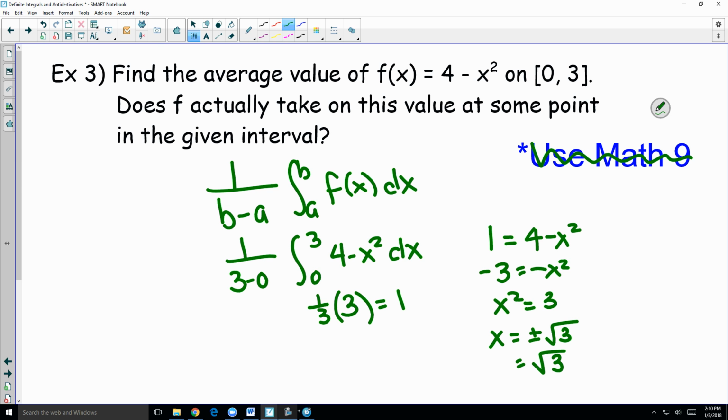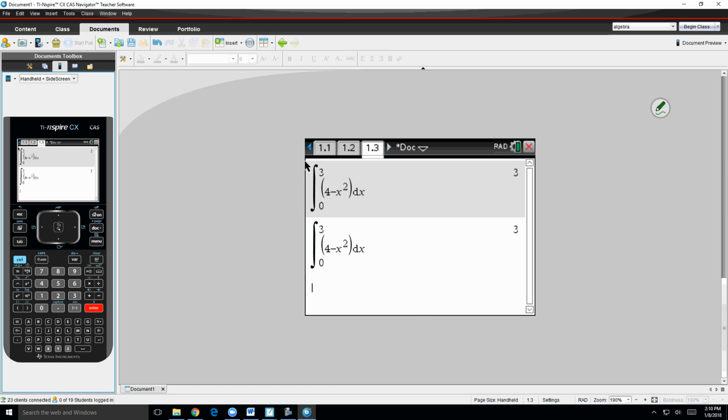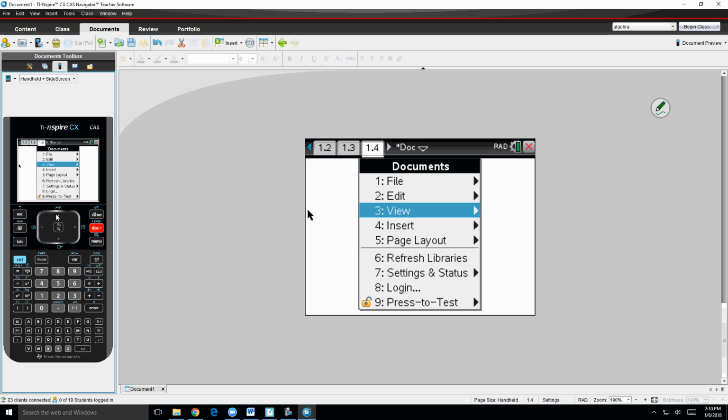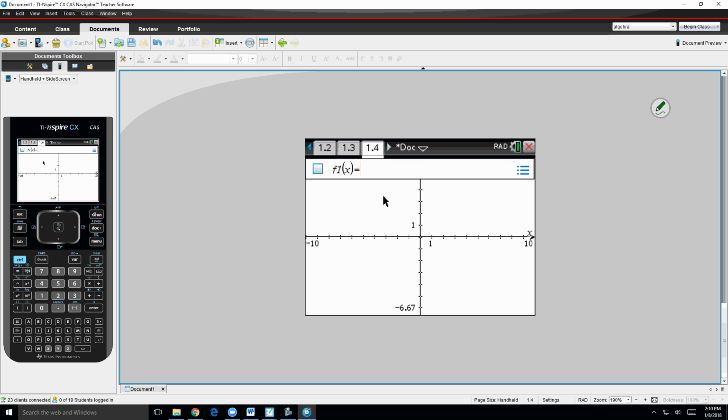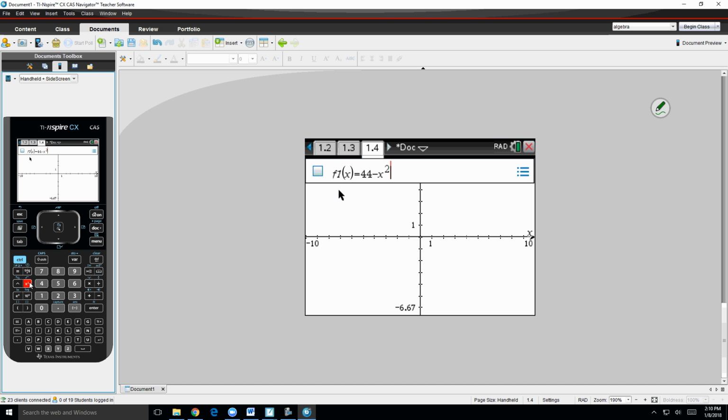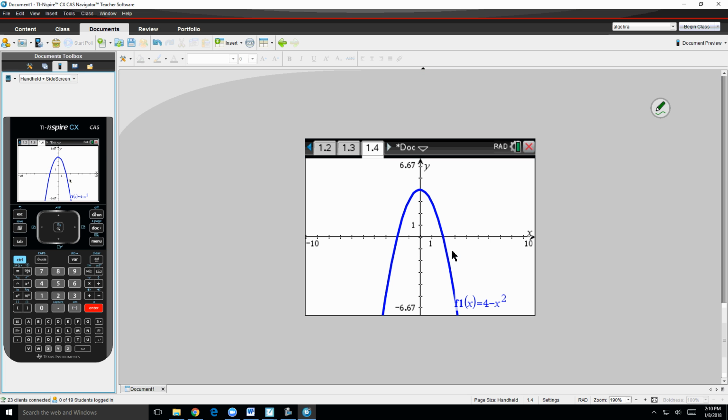If we were to go back to a graph screen and type in that 4 minus x squared graph, click enter, there's that graph. If we were to go to the square root of 3 and then 1, that's where the average value would be cut in half.